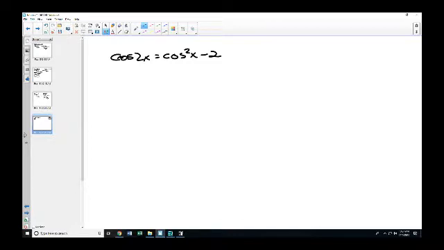Did you divide by 2 first? No, we want to add or subtract the cosine squared. Do these match at all? No match, right? Probably an identity.